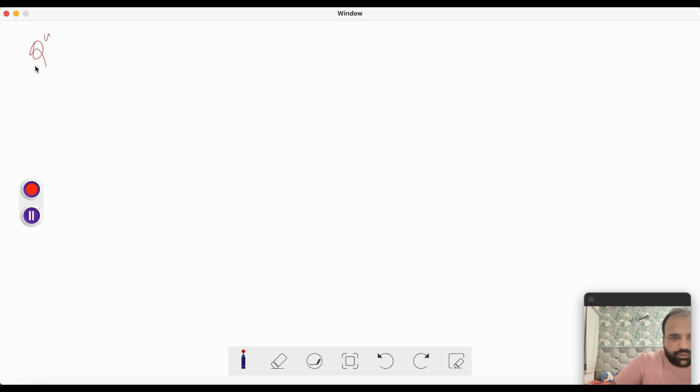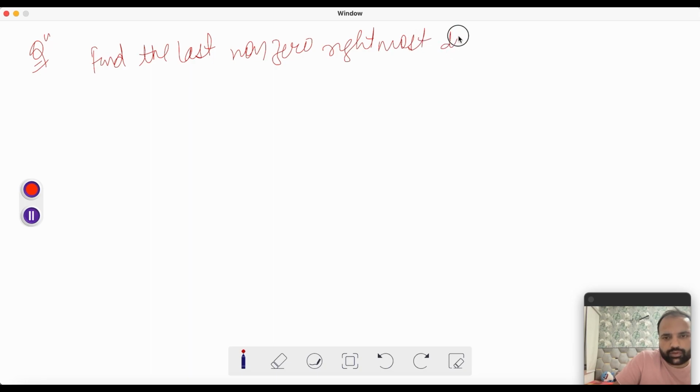If you check previous year's CAT questions, you will find such questions as what I'm writing here. So let's say a question comes like this: find the last non-zero rightmost digit of, you can pick any number, let's say 19 factorial.